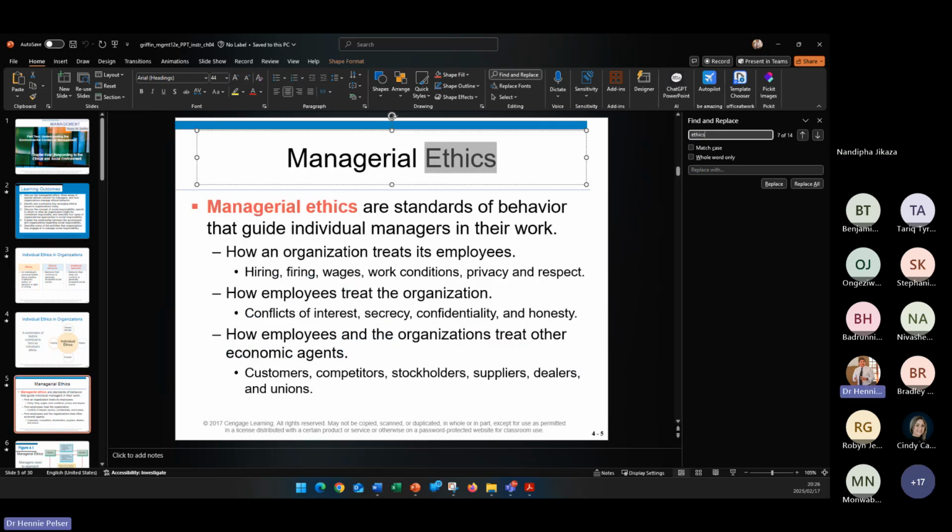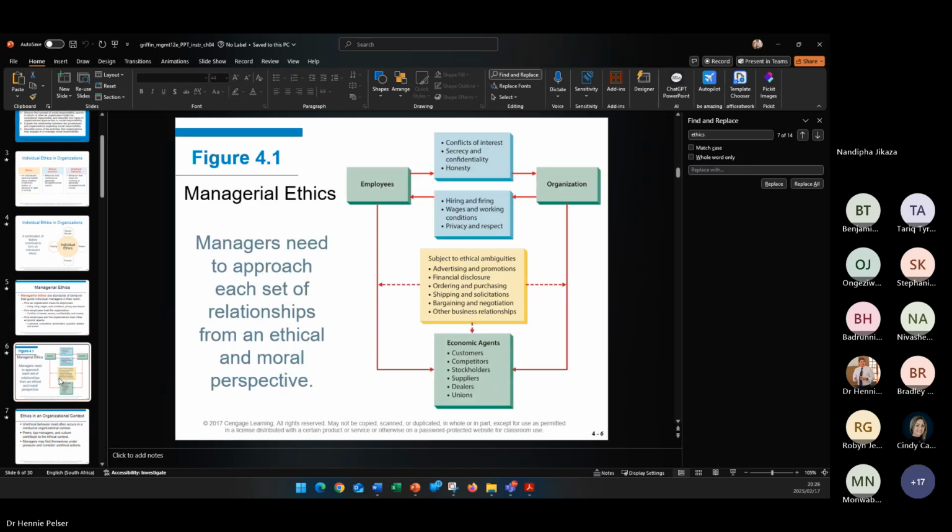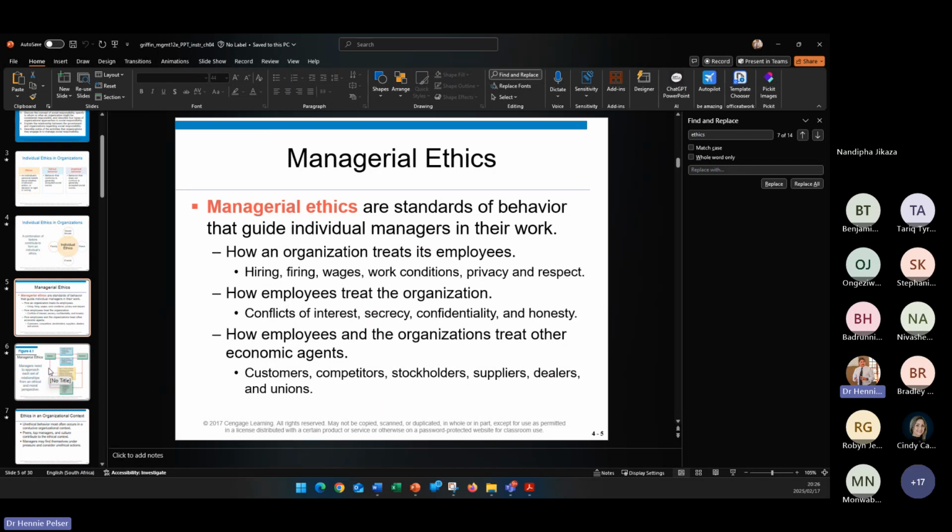Okay, there it is. We're looking at chapter 12, slide 5 and 6.